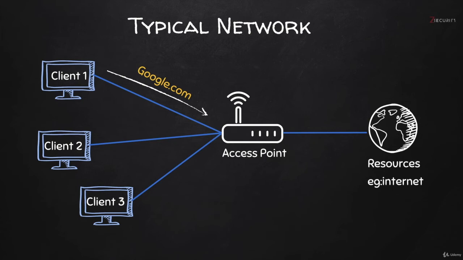Therefore, if you have a wireless card and you're within range, you'll be able to capture all of these requests and responses. So basically, you'll be able to see anything that any computer connected to the same network as you does on the internet.